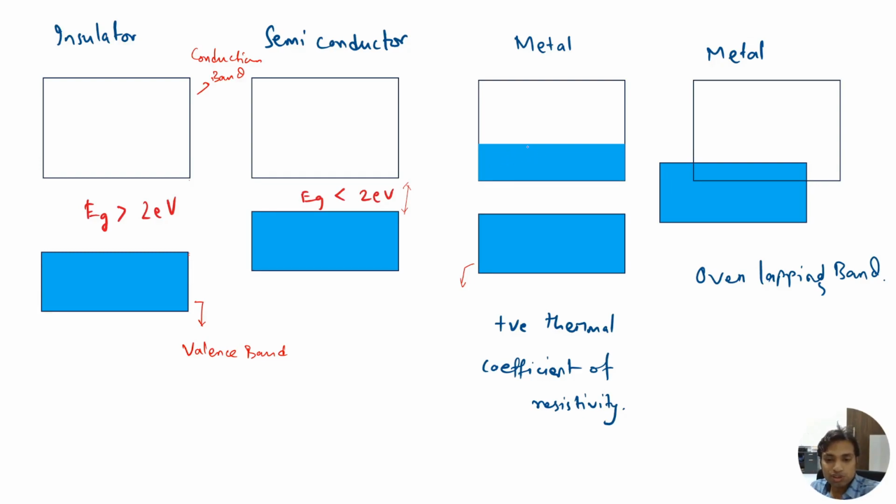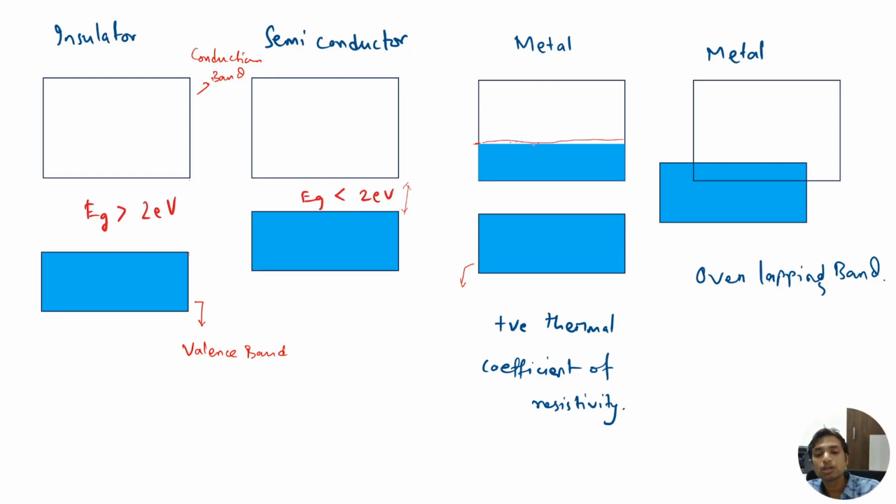For these electrons, the next empty energy level is immediately next to it, very closely spaced. Whereas for electrons in an insulator and semiconductor, they have to make a jump of about 2 electron volt.